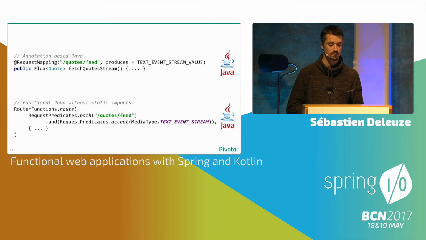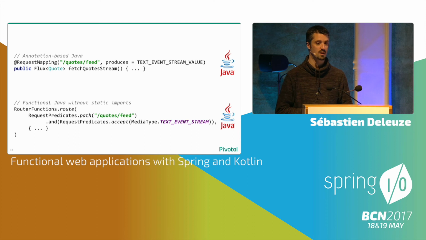If you write that with the functional WebFlux Java API without static imports, you write that RouterFunction.route. You specify the predicates that allow matching a route. So here we are using the path predicate and the accept predicate that will match a specific media type.